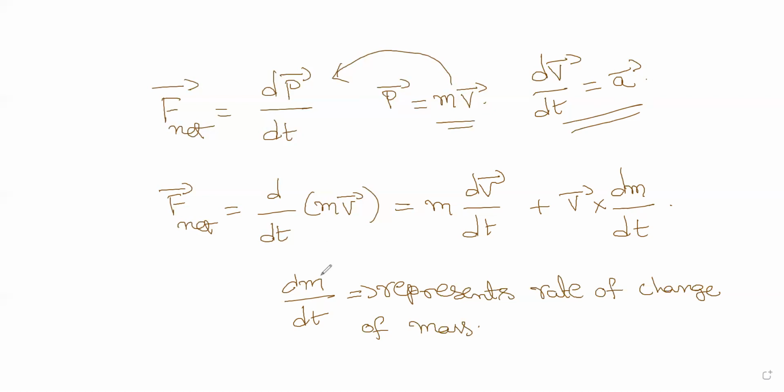Now let's plug in the things. The F bar net can be written as m into dv bar by dt plus v bar into dm by dt.